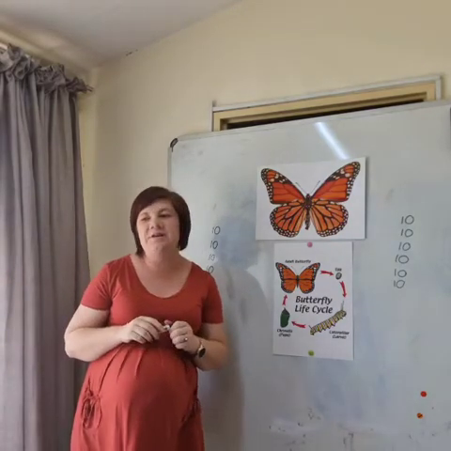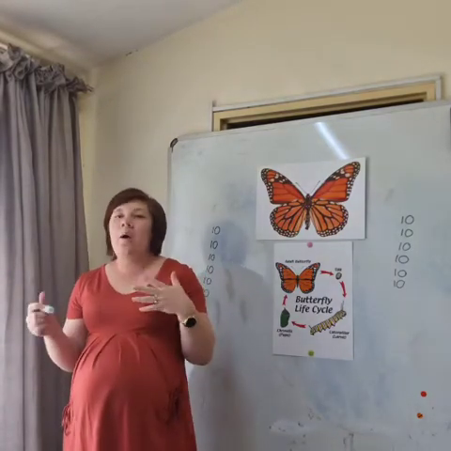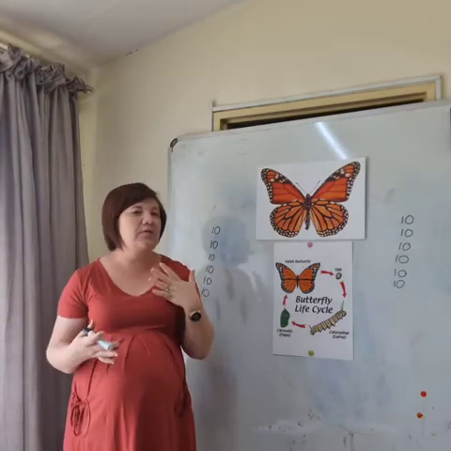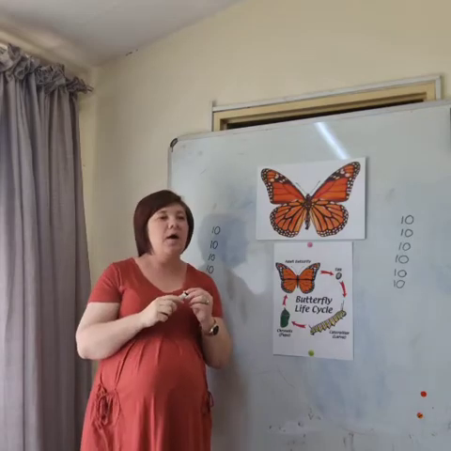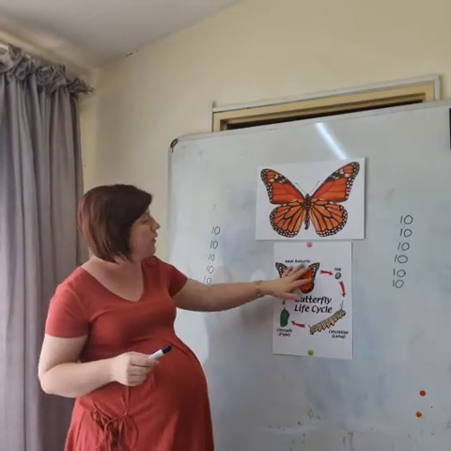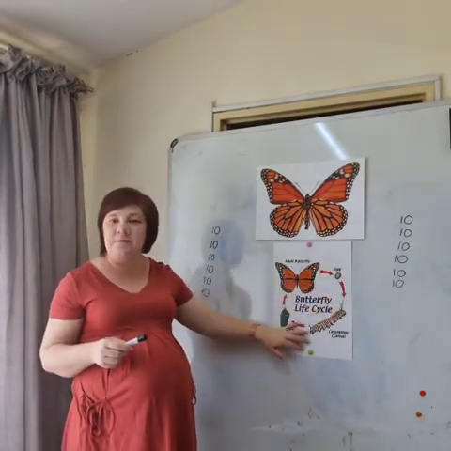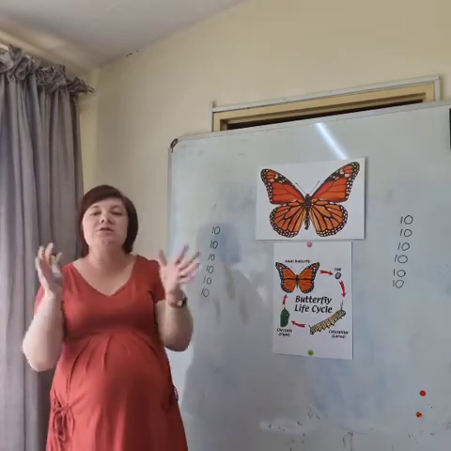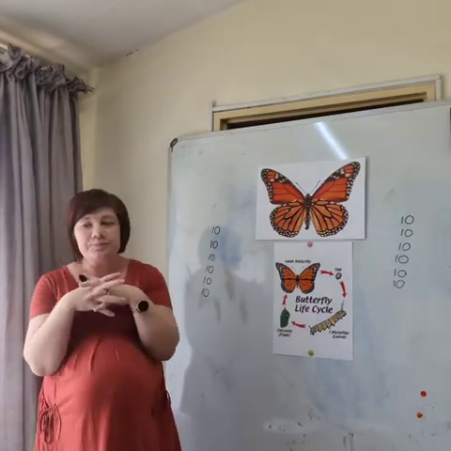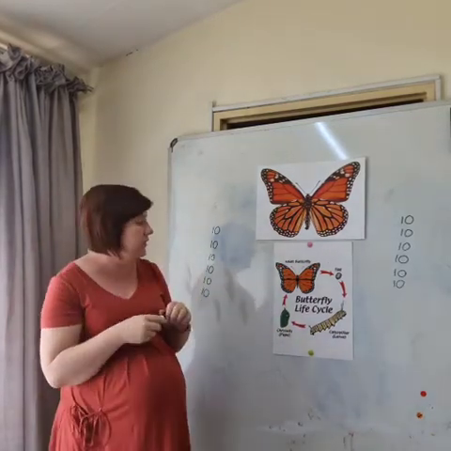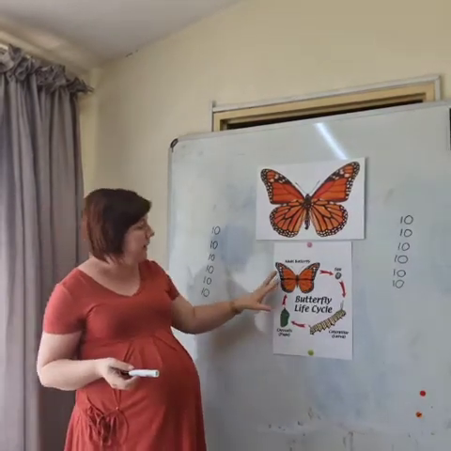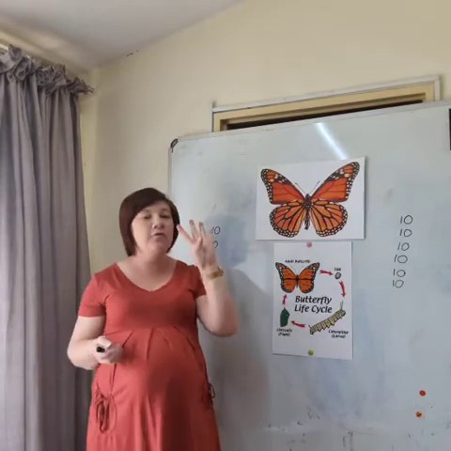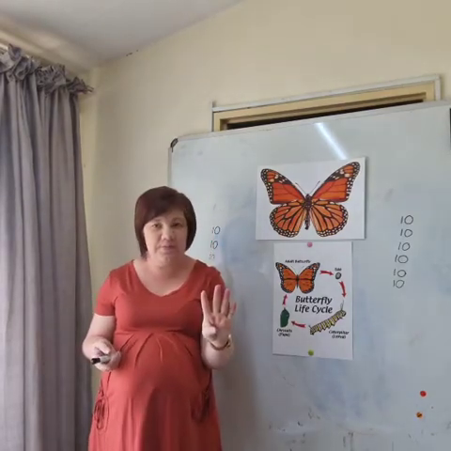Thank you very much. Okay, so now after we've read the story about the very hungry caterpillar, we can get some idea of how the life cycle of the butterfly works. Now let's start to explain the different stages of the butterfly life cycle. Now guys, in the life cycle of a butterfly, we have 4 stages.